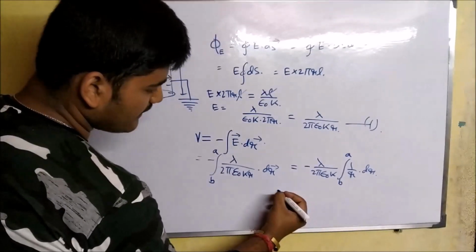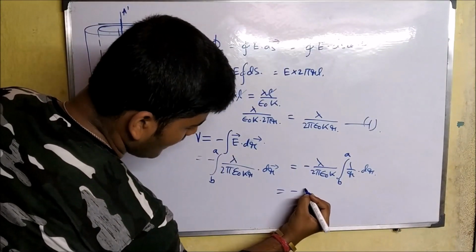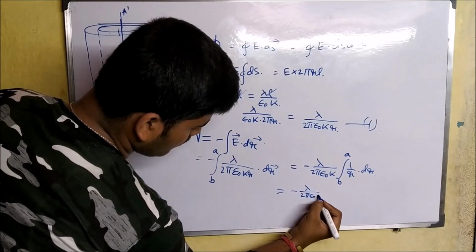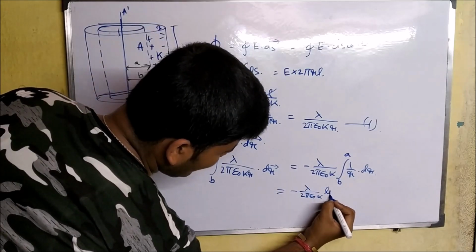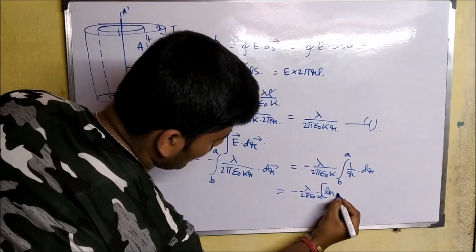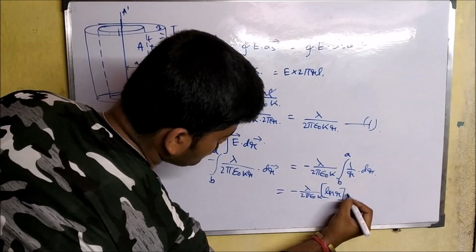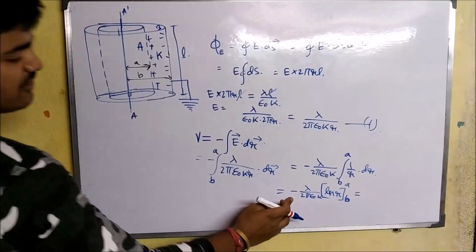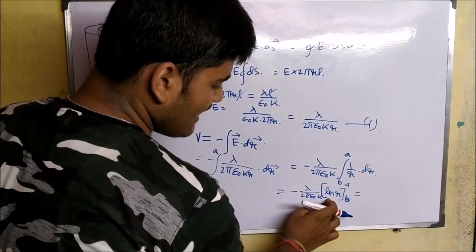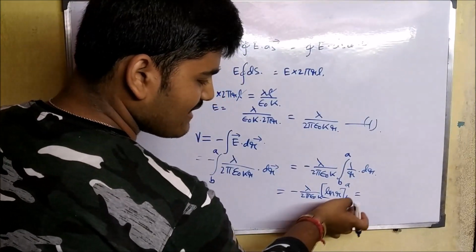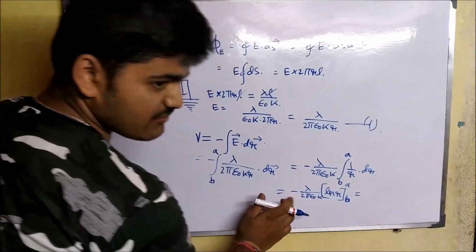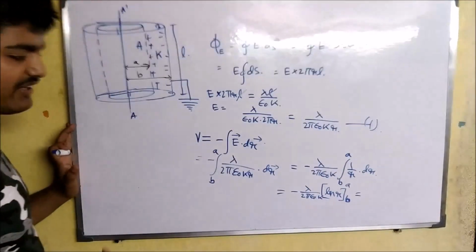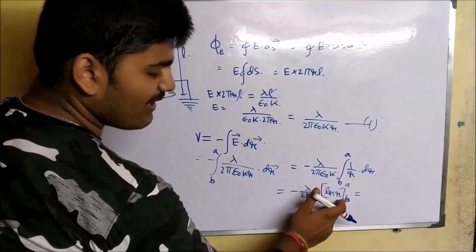So this will turn out to be minus λ by 2πε₀K into ln r from b to a. So we can write it with a negative sign over here as ln b minus ln a. I repeat, if the negative sign was not present, we would have simply written ln a minus ln b.